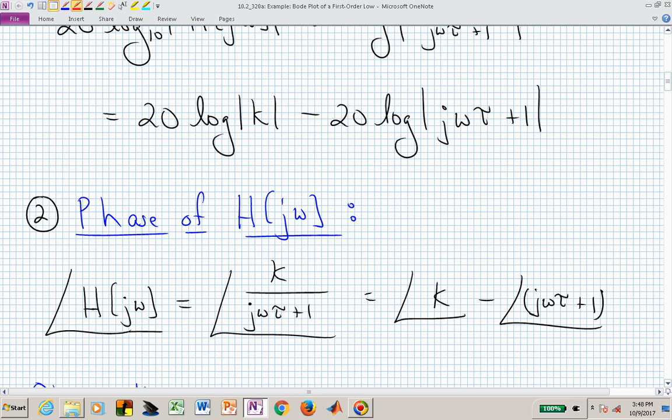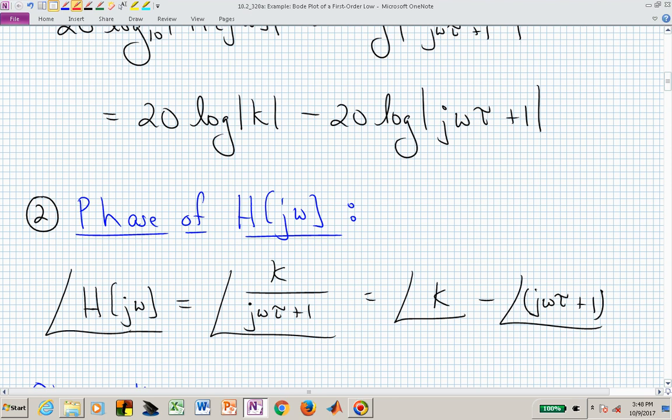In this case, we have one numerator factor, which is K. We take the angle of K. If that's a positive number, that angle is 0. If K happened to be negative, then the angle associated with that would be 180 degrees, and we'll really usually prefer to use minus 180 degrees.